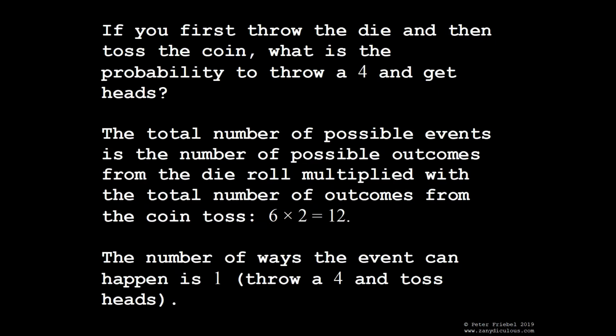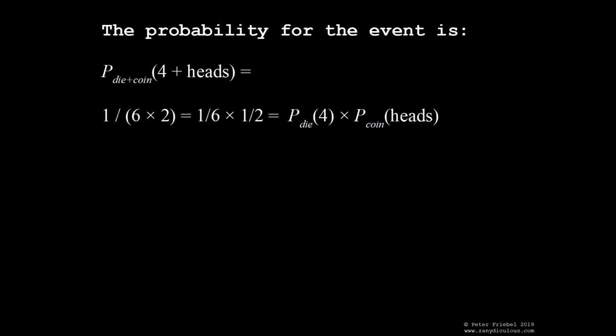Throw a 4 and toss heads. The probability for the event is 1 divided by 12, which can be written as 1/6 times a half, and that is exactly the probability to throw a 4 times the probability to toss heads.